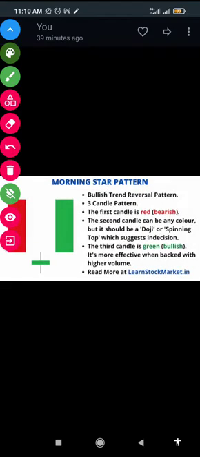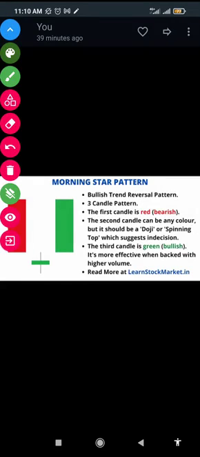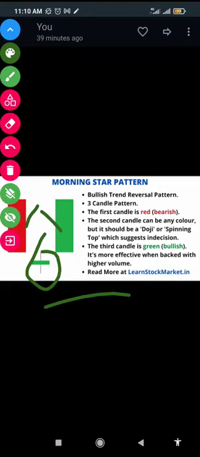This is also a morning star. You can see the sell candlestick, see the doji, see the buy candlestick. It signifies a trend reversal. Then the opposite is an evening star.